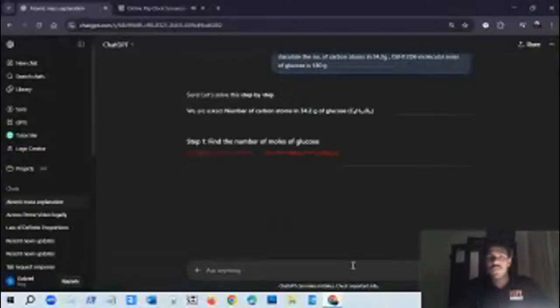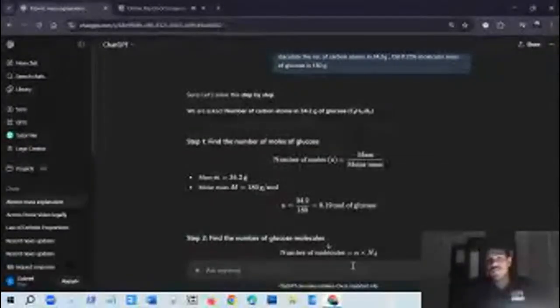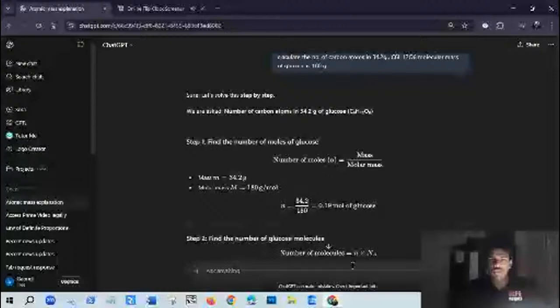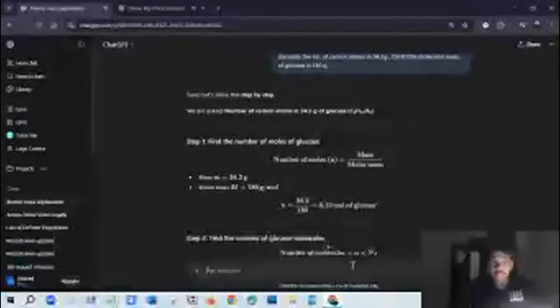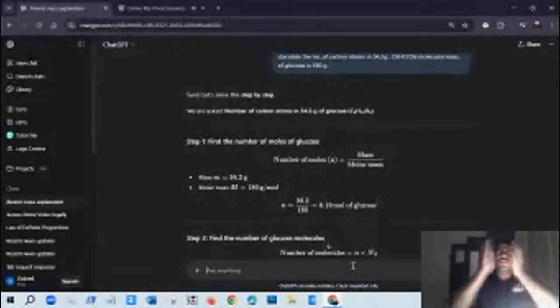So first, we are asked the number of carbon atoms in 34 grams of glucose. First, the number of moles: mass divided by molar mass.